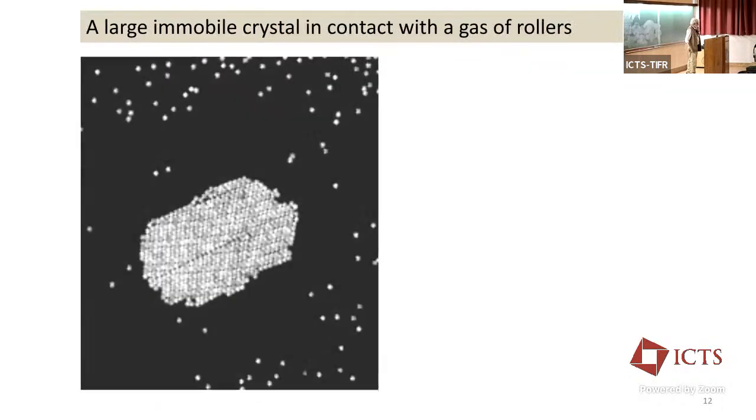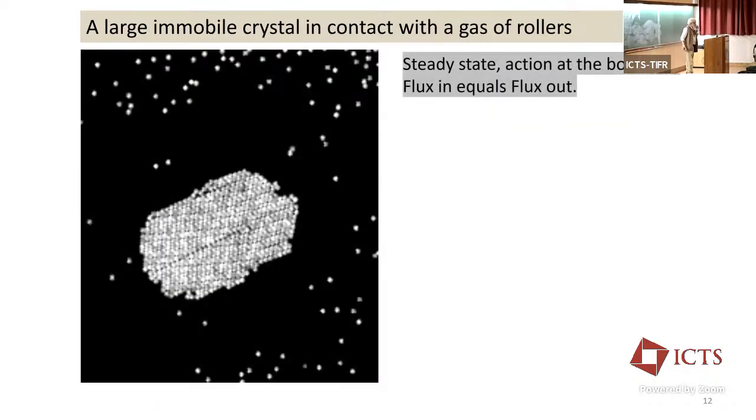Now, this is the same one. So what happens? I'm trying to summarize what we find. It's a steady state, with action all at the boundary. Flux in is equal to flux out, meaning the particles that are being thrown out equal the number of particles which actually get stuck. So this is a clear steady state.